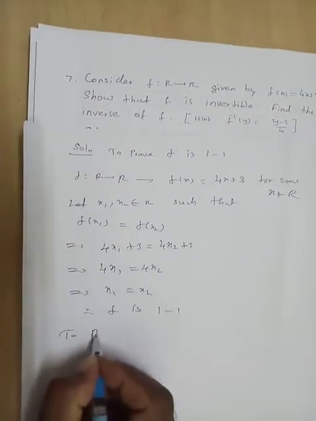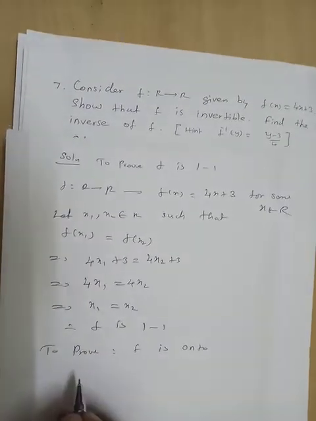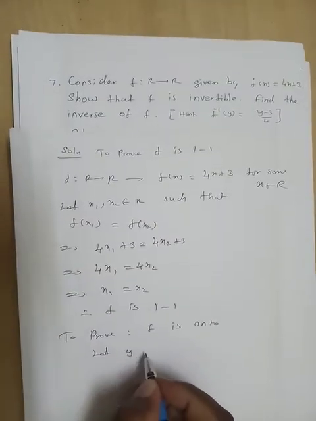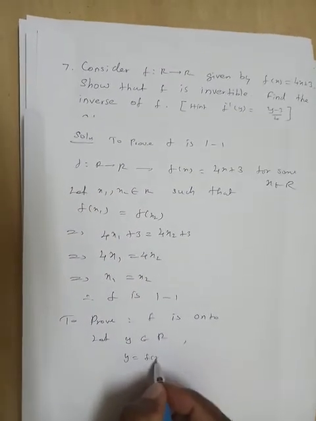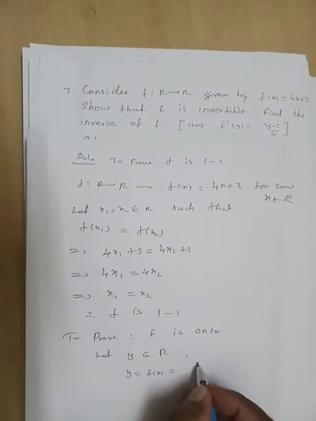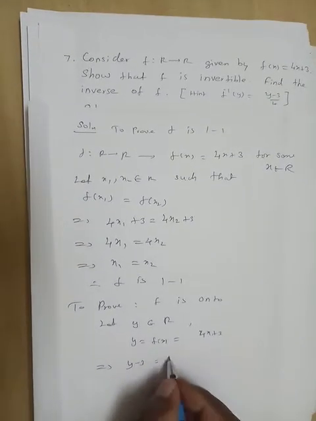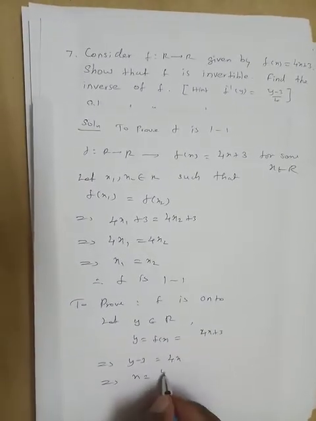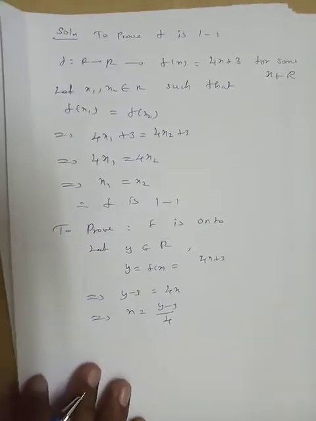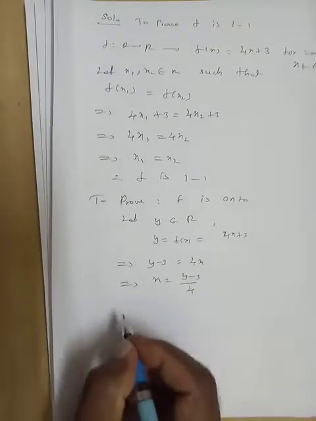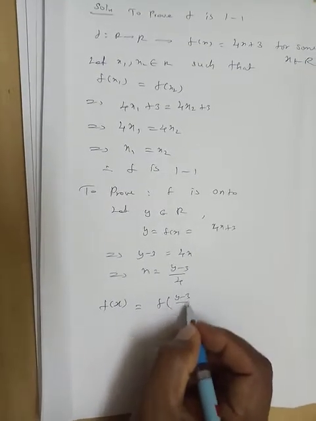Next to prove f is onto, let y belong to R in the codomain and y is equal to f of x. This is equal to 4x plus 3, which implies y minus 3 is equal to 4x. x is equal to y minus 3 divided by 4. Now f of x equal to f of y minus 3 by 4.